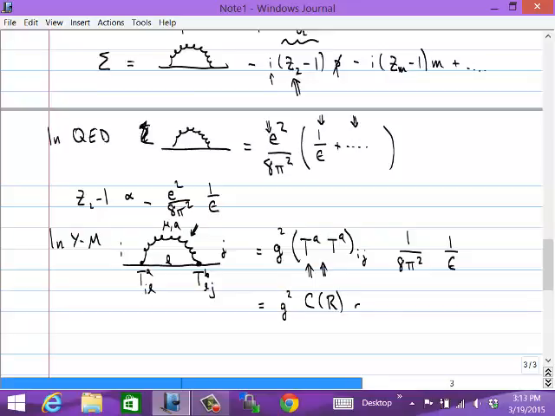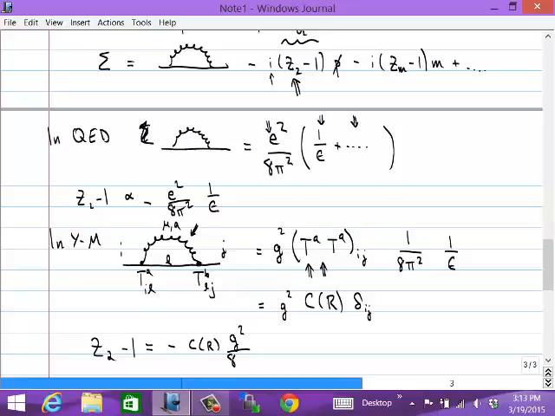And if you want, we could remind ourselves that we could write out the group theory, the representation theory index delta ij. So what does that mean? That means that in Yang-Mills theory, Z2 minus 1 is given by the same thing it is in QED, except there's one small modification that reflects the fact that we're now in a non-abelian gauge theory.